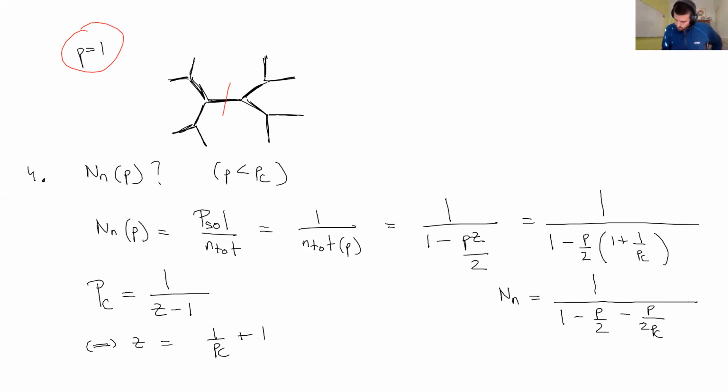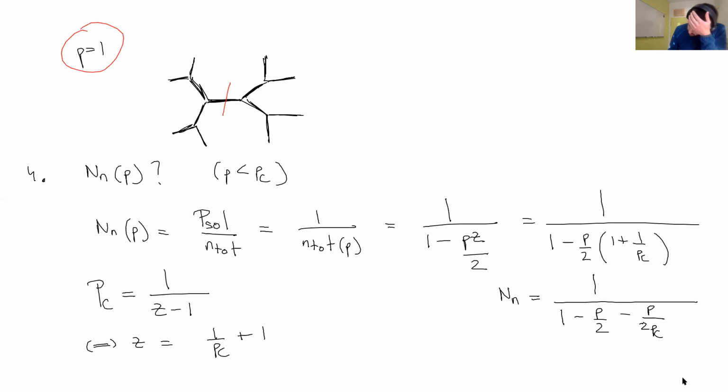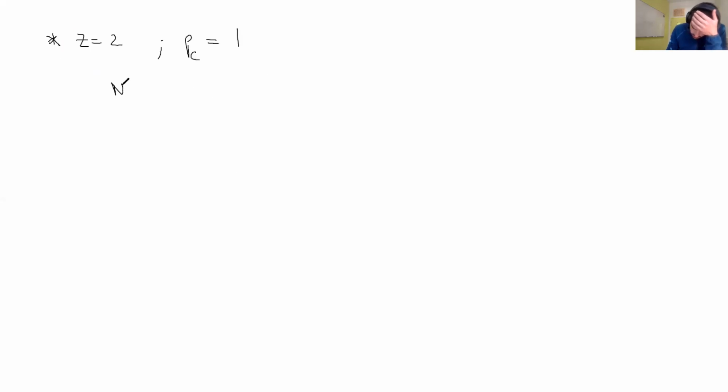Okay, so I can take examples. Z equal 2 is the trivial case. When Z equals 2, remember PC is equal to 1. It's very particular. So I have a 1 here. So N_N is 1 over 1 minus P, if I'm not mistaken.